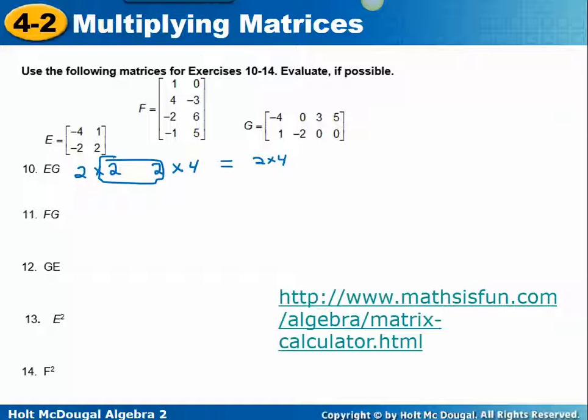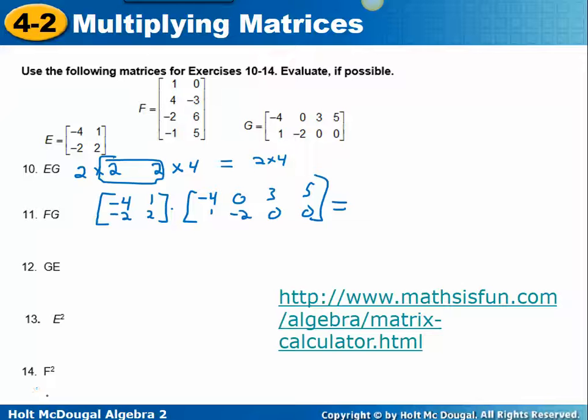So we're going to do one the long way, and we are going to multiply. We'll start with the top row times the first column of G: 0, -2, 3, 0, and 5, 0. All right, so here's our method again.